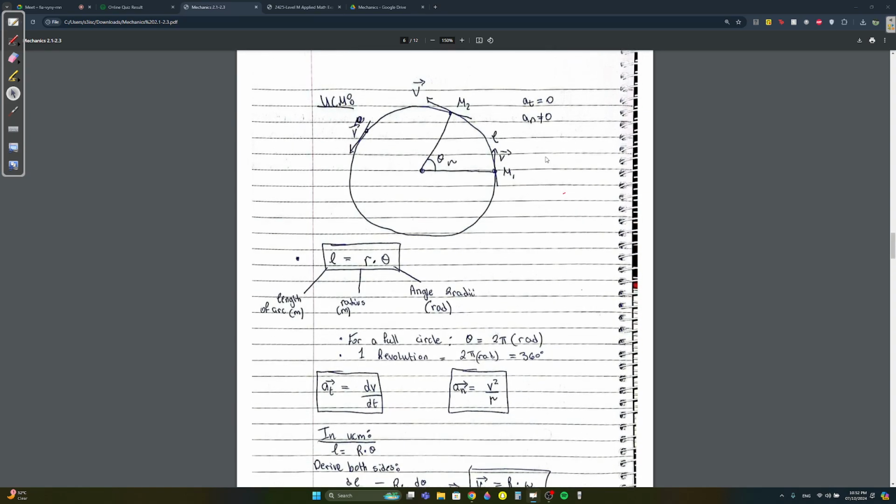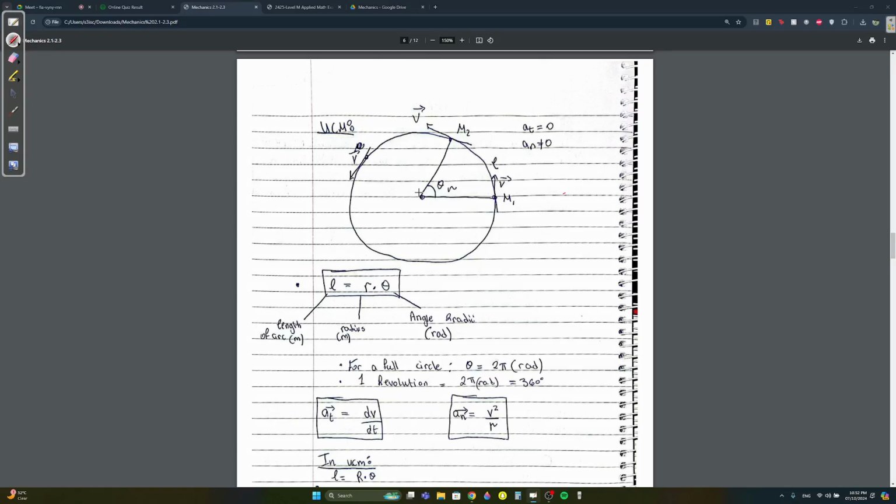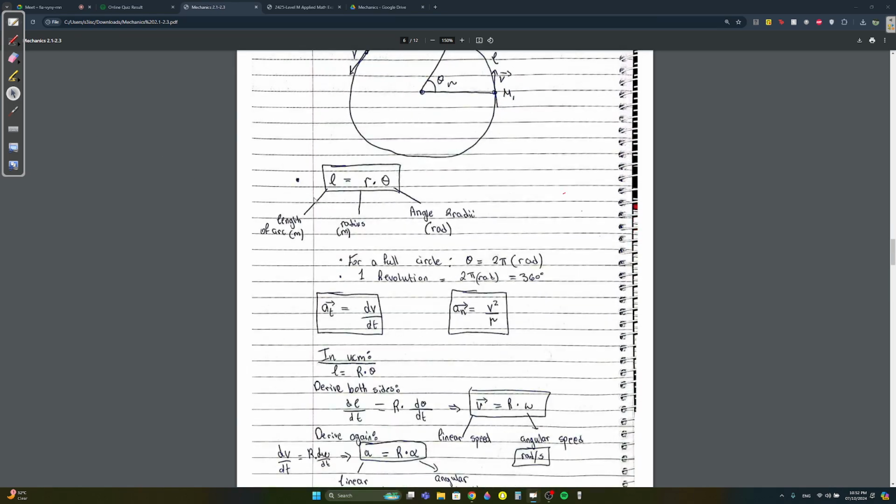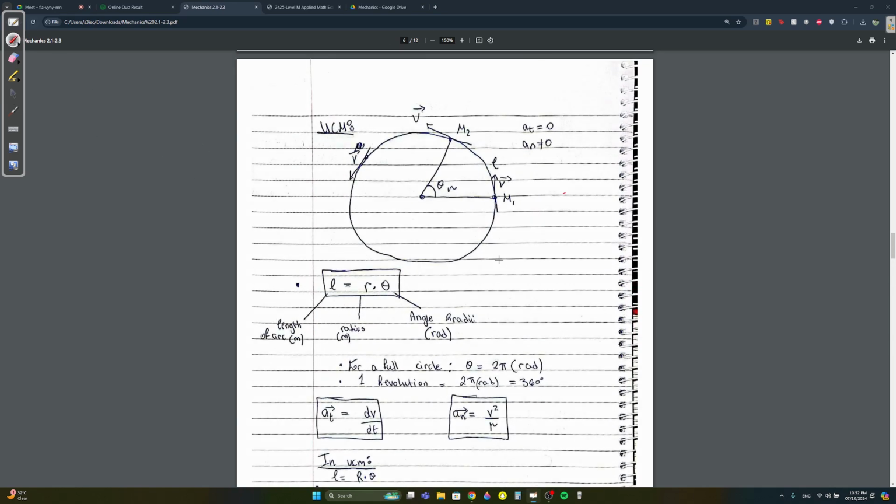Okay, the first formula is the length of the arc is equal to r times theta. Okay, memorize this. Length of the arc is equal to r times theta. If you remember from geometry, theta over 360 times 2 pi r is equal to the length of the arc.